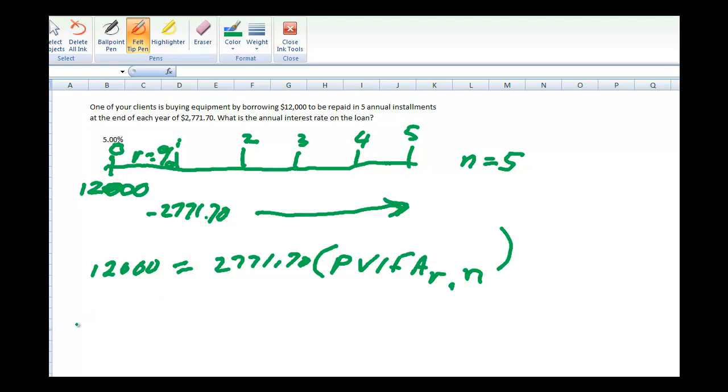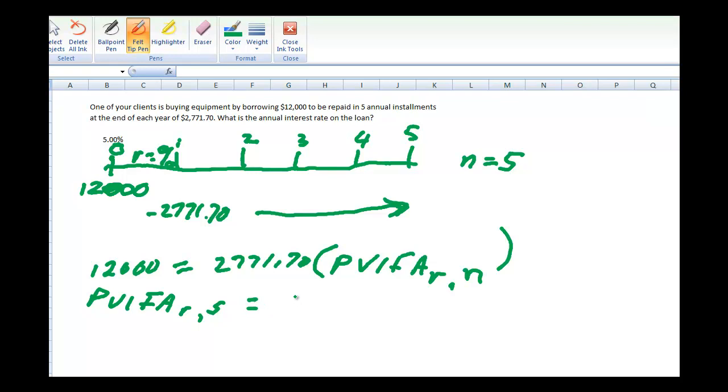Okay, so we can turn this thing around and get our present value interest factor over here. We'll put down R sub 5, because we know we have 5 periods.